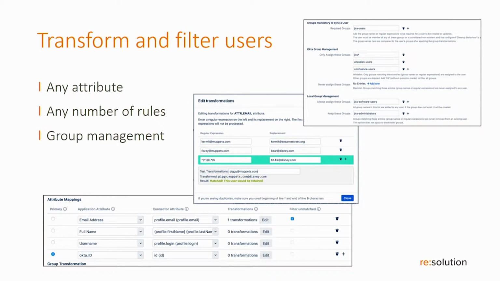And what we can also do is group management. As I said before, you want to control who does what in your Jira. So we can decide which groups are synchronized. We can transform group names. So we can say a user with a specific Azure AD group is applied to another group in Jira.